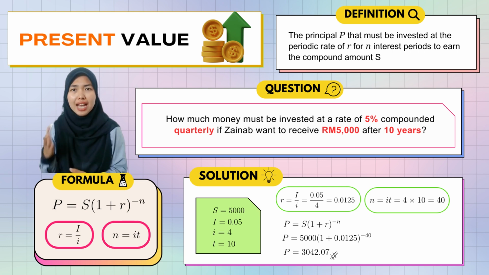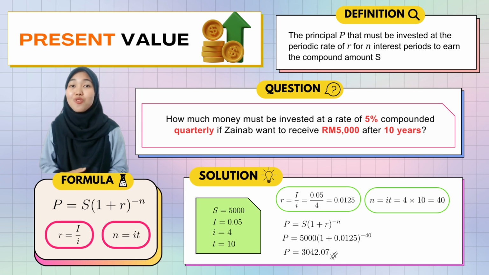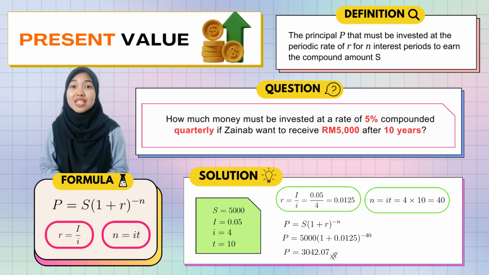We are given S is equal to RM 5,000, uppercase I is 0.05, lowercase i is 4, and lastly t is 10 years. To find R, we divide uppercase I by lowercase i, which is 0.05 divided by 4, and we get 0.0125. We just need 4 times 10 years, and we get 40.